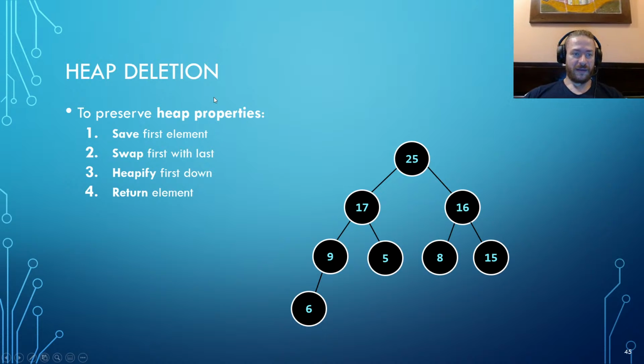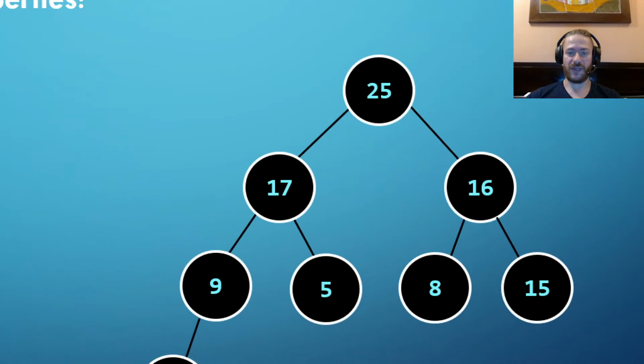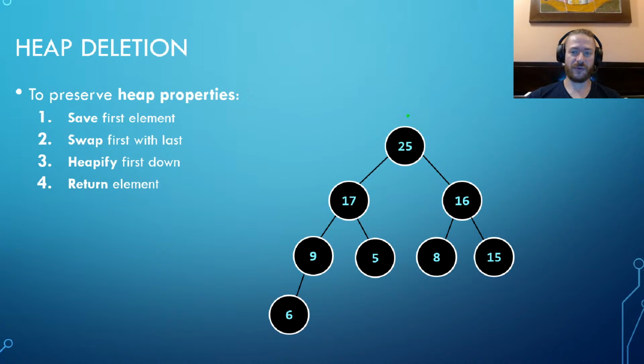When we delete something from the heap, what we want to do is save the first element, because to delete something from the heap means to remove the element with the biggest priority. In this case, the biggest element is 25. So we want to delete it, and we want to reorder the other parts of the heap so that it still satisfies the properties.